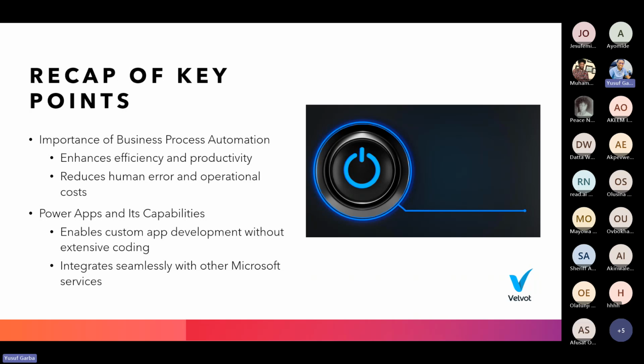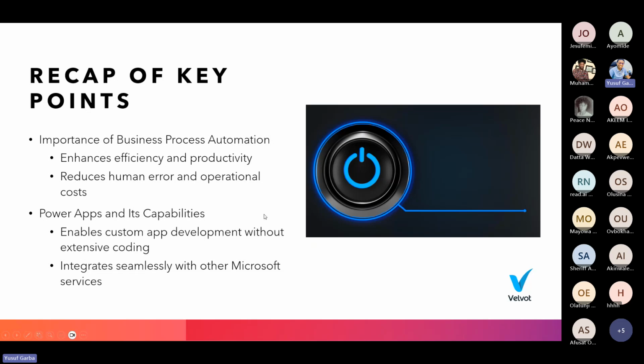So I think, seeing the sample or a little demo of what is possible with Power Platform, running through these slides in this webinar, we were able to touch on the importance of business process automation, and then the Power Platform itself and its capabilities and what it can do for your business.